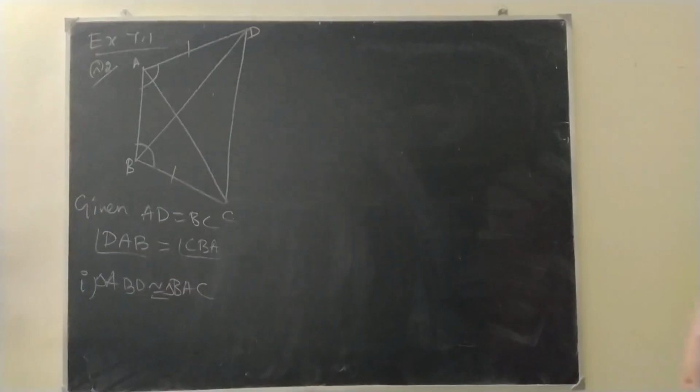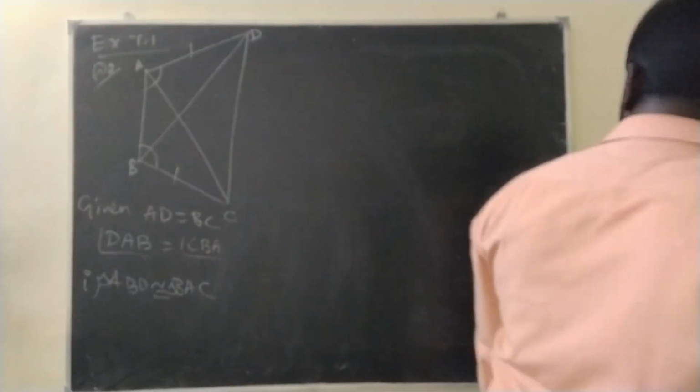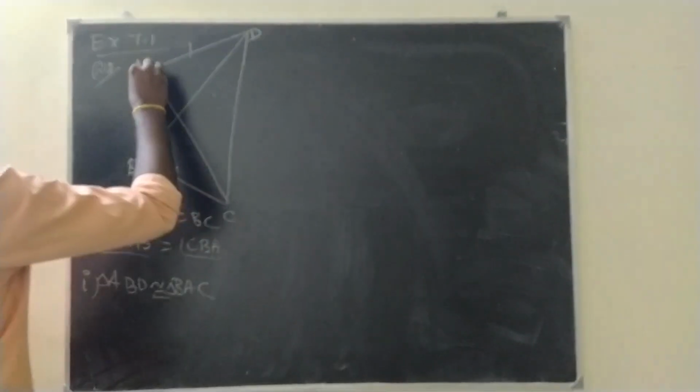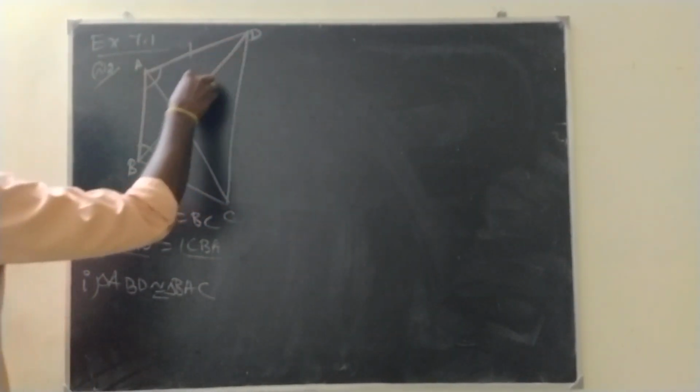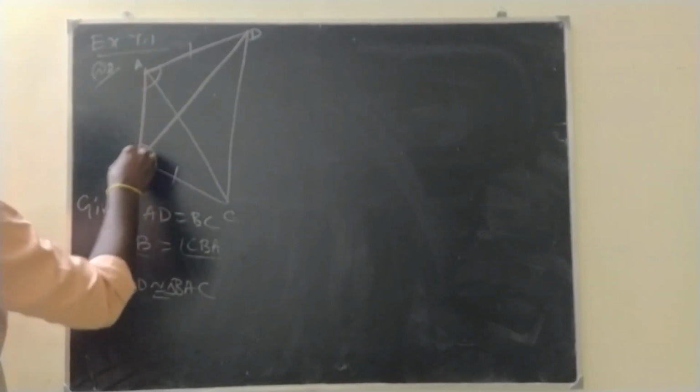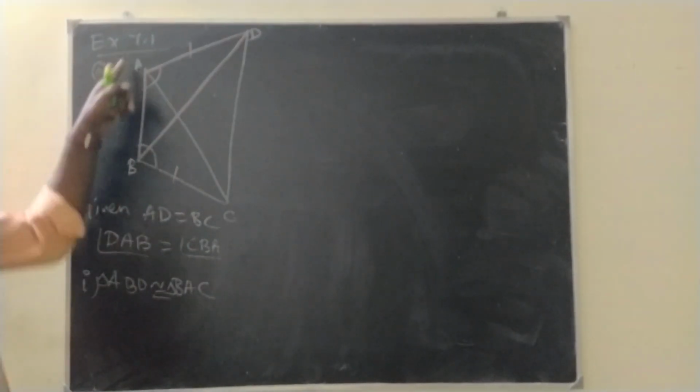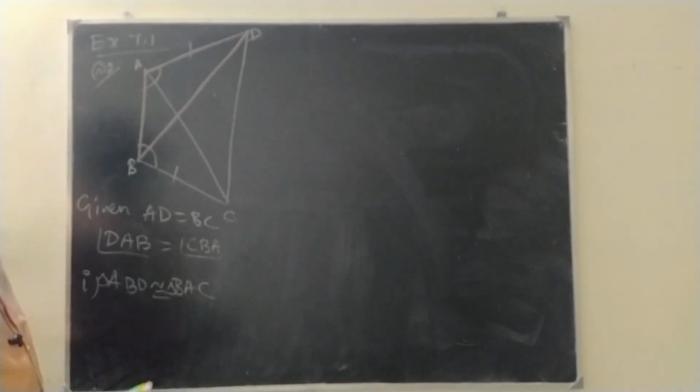So as usual, after writing the given part, we will focus on these triangles alone. ABD, where is ABD? So this triangle ABD can be marked, can you see the difference? This triangle ABD and the triangle BAC.